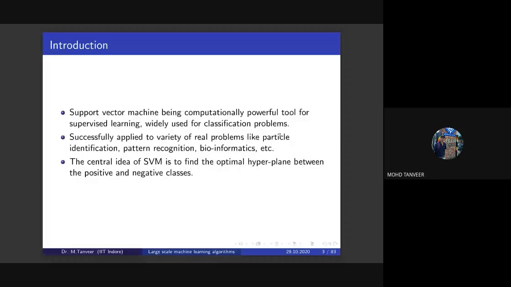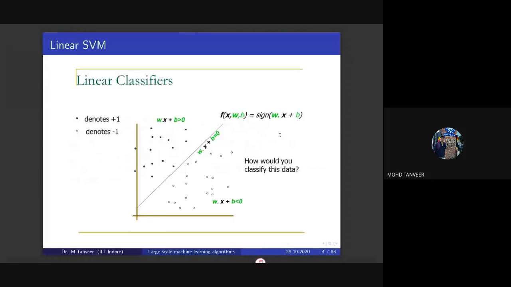So, positive and negative samples. If you see this example, it shows two different kinds of classes. You can see two different kinds of dots, bold dots and circles. The basic idea is how to classify such data. You can see that in the middle I draw a line.